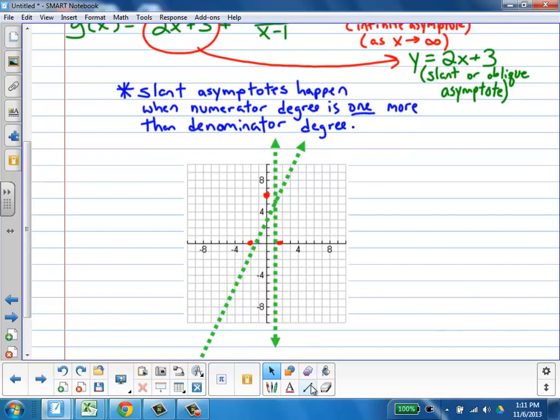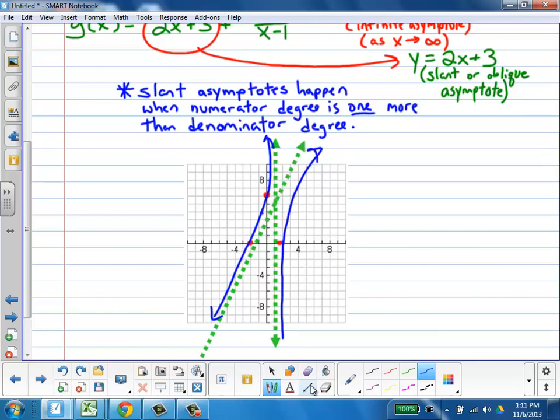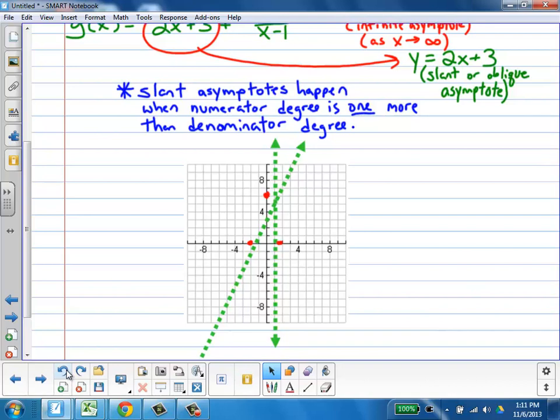From the points that are there, you can probably figure out that the graph's going to end up looking like this. But we can hold off on that and go ahead and look at that number line if you like the number line better.